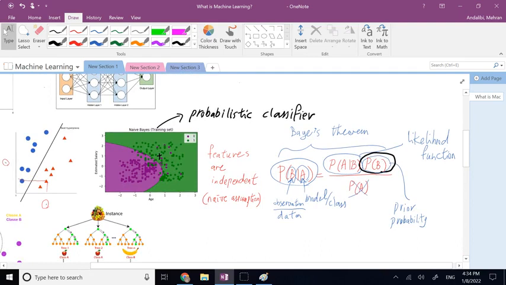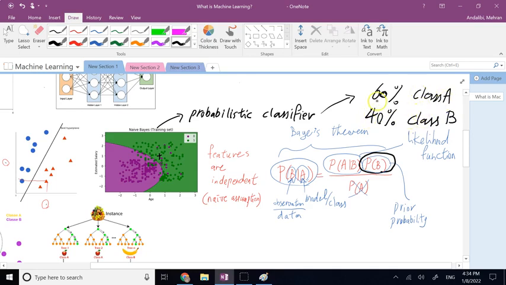It's class A or class B. This one says, for example, there is probably a 60% chance that it is class A, and let's say a 40% chance that it is class B. So it's not going to give you a binary classification, 0 or 1.